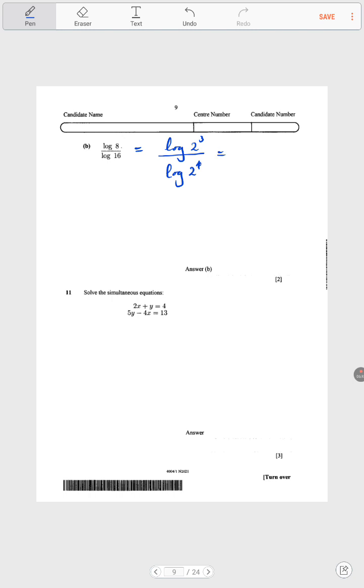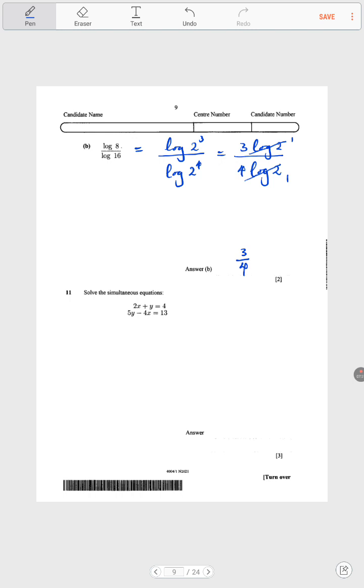And if you apply the laws of logarithms, this is the same as 3 log 2, and this is the same as 4 log 2, and these ones can cancel each other out, and you have your final answer as 3/4.